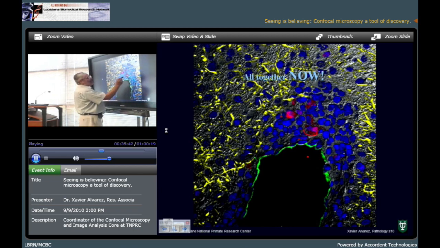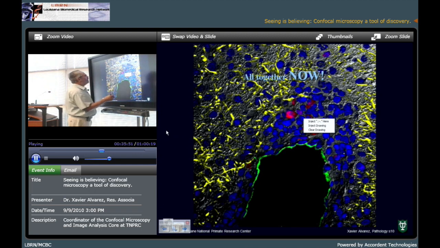No. With the eraser. This cell is larger. It looks larger because it is infected and they start producing, they go big. Okay, and all these are just the nuclei of the cells.